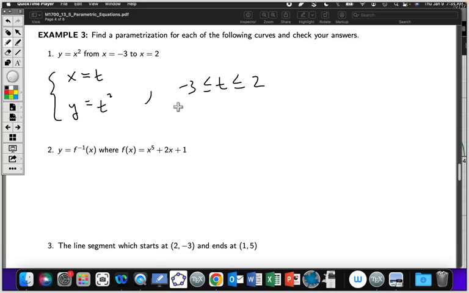This is a parameterization. You can see instantly that y equals x squared, because I'm just letting x be the parameter. Okay, but this will be a handy way to parameterize this part of the parabola. And once again, you can check this on Desmos to see that it's doing the job.